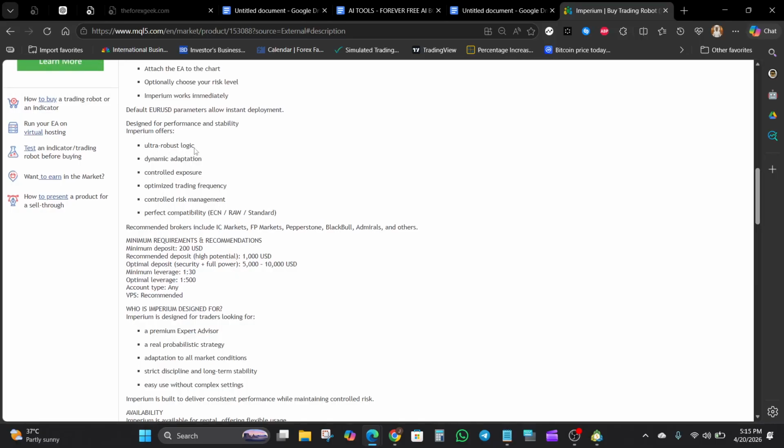Ultra robust logic, dynamic adaptation, controlled exposure, optimized trading frequency, controlled risk management, and then the EA is also compatible with ECN, raw, and standard types of accounts. All right, so overall, from a structural standpoint, this is an EA that is designed to be more of a controlled adaptive system rather than an aggressive or high risk expert advisor.